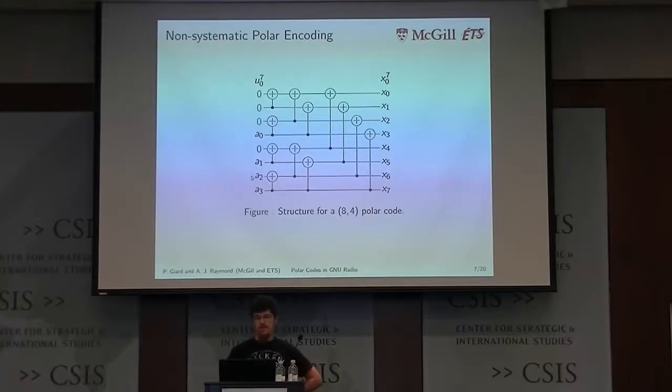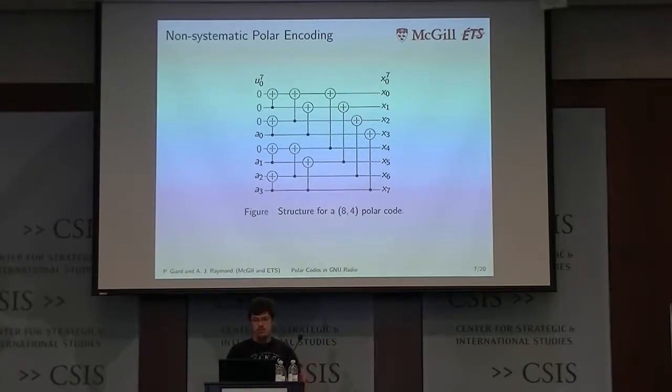In the other positions, we enter a 0. We say that we freeze those positions. So we freeze with zeros, and we let the information flow from left to right. On the other end, we get our codeword that we're going to modulate, filter, and send over the channel. So that's how non-systematic polar encoding works.